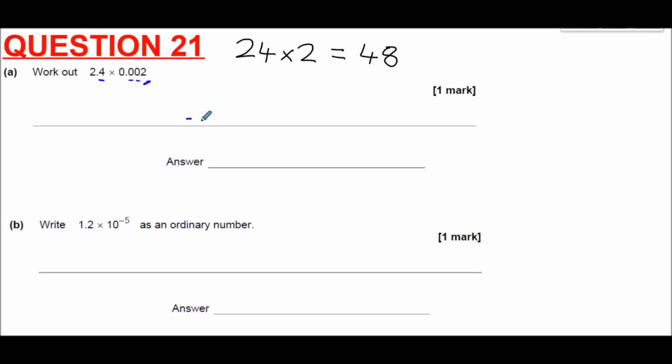The number of decimal places in the answer is always the same as the number of decimal places in the question when we're multiplying decimals. And so we know that the answer is going to involve 48, but what we need here is 4 digits after the decimal place. So this one's going to be 0.0048. I can put this answer in like this.